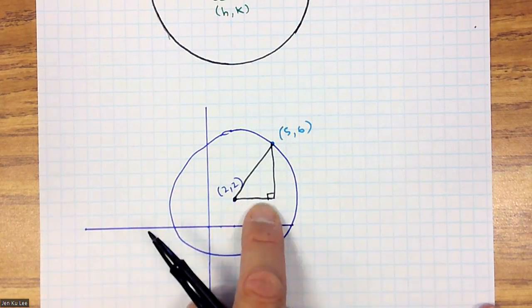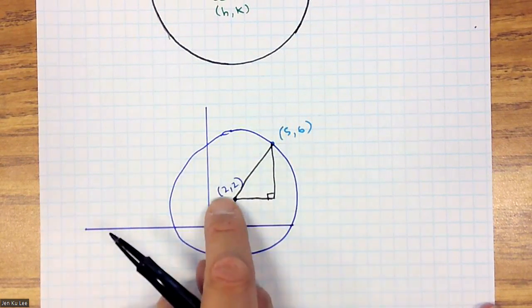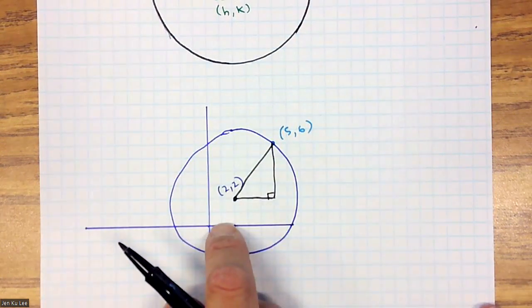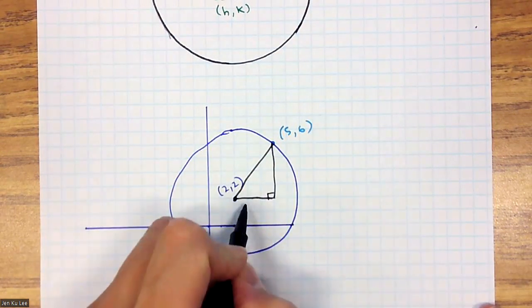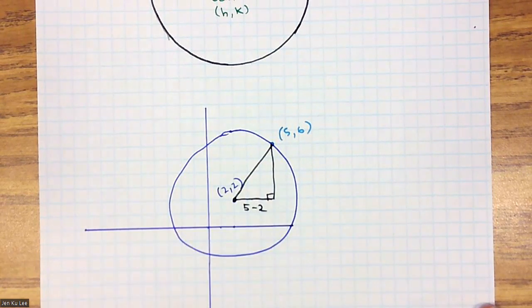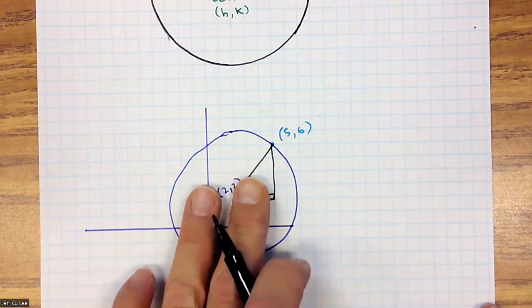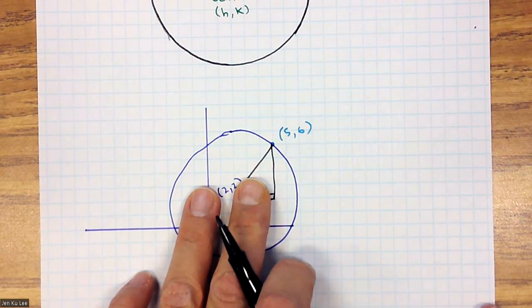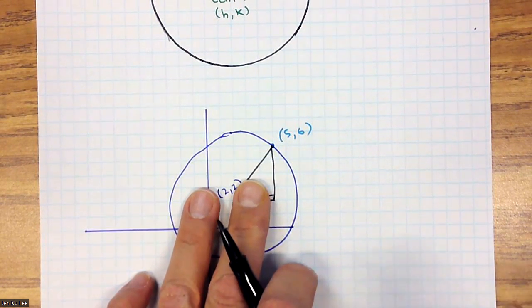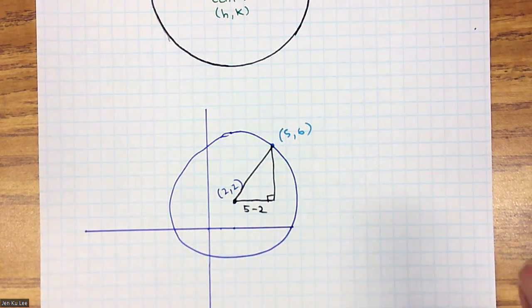How do I get 3 using my x values, 5 and 2? Yeah. This is just 5 minus 2, correct? Okay. Do we see that? That's always going to happen that way. All right. Questions on that?